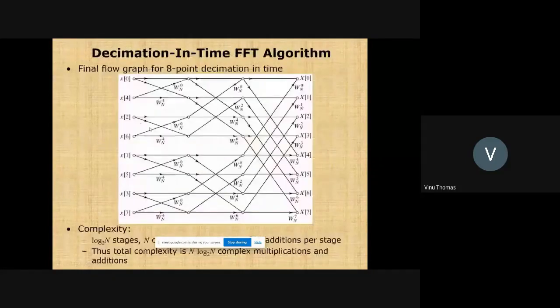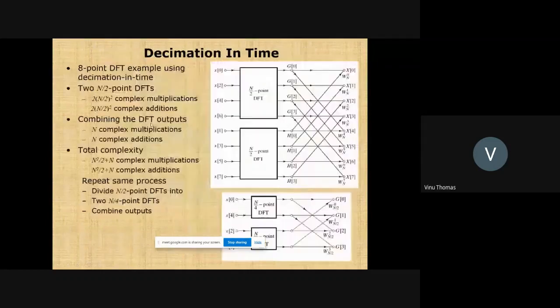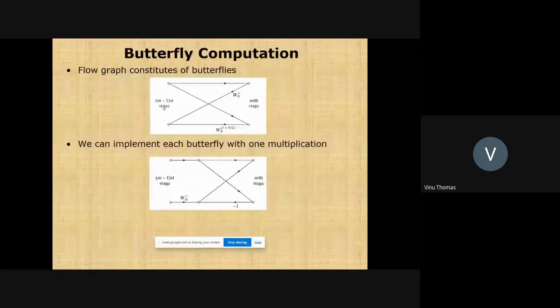Remember that what you initially did was to split the sequence into an even part and an odd part, and then you did an N by 2 point DFT. So you have the entire structure here.